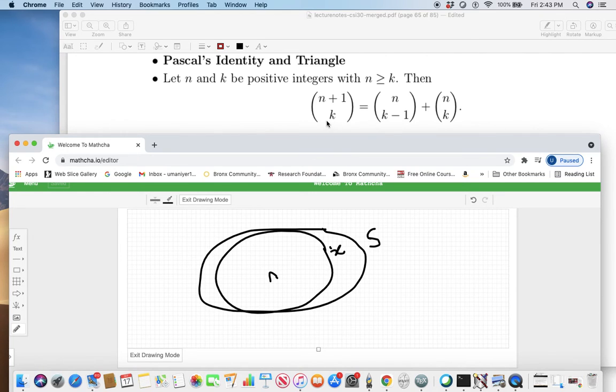So your k subset could all sit here, or it could take that one element and the rest sit here. So all of the k are here, or k minus 1 are here, and 1 is that x. That's what this is. K minus 1 subset from a set of n elements, that's this count, and k element subset from the set containing n elements. So together you get all the possible k element subsets of the entirety of S.